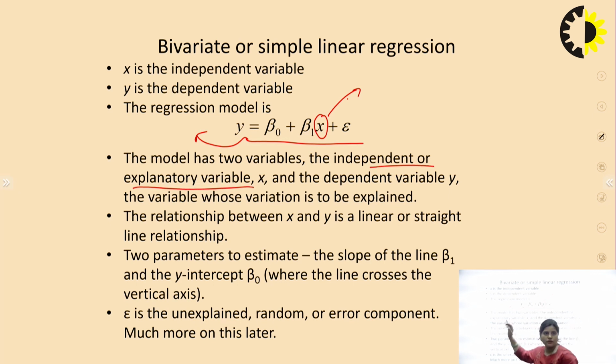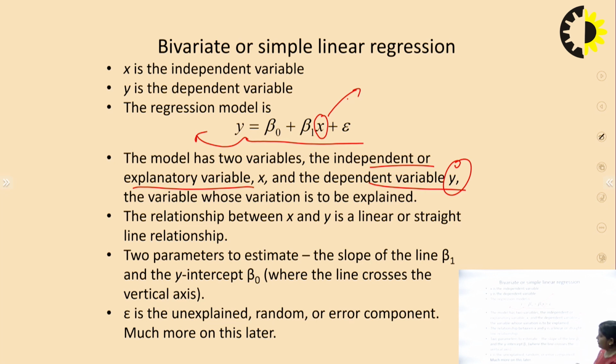Don't be confused with these two terms because they are similar. And the dependent variable y is the variable whose variation is to be explained with the help of the independent, or explanatory, variable.